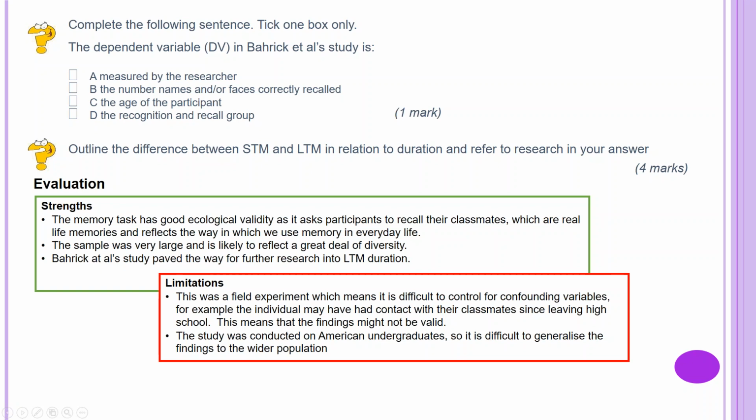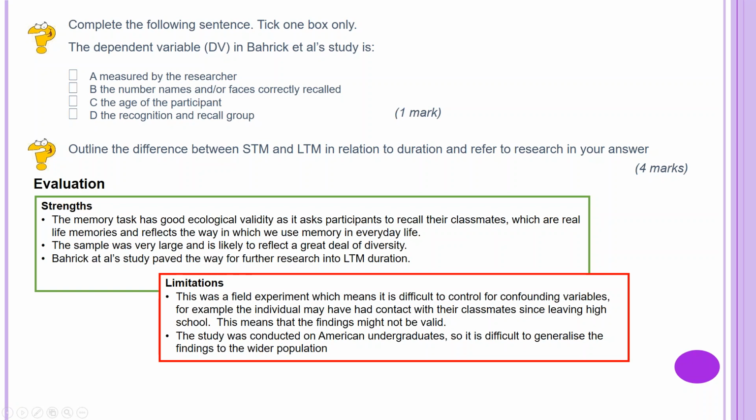Okay, the next question. Outline the difference between short-term memory and long-term memory in relation to duration and refer to research in your answer. Again, you may want to pause the video at this point. Okay, welcome back. So, difference between short-term and long-term memory in relation to duration, 4 marks.